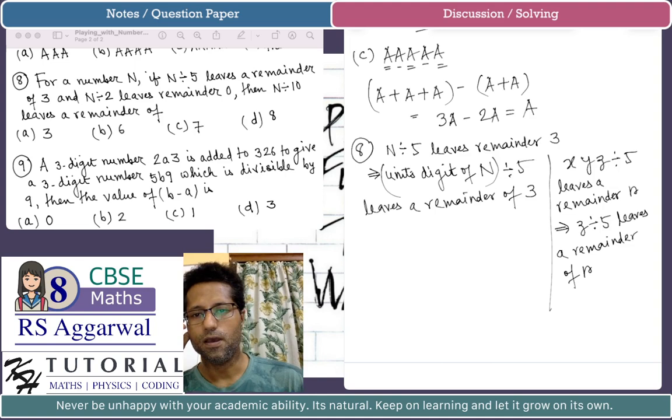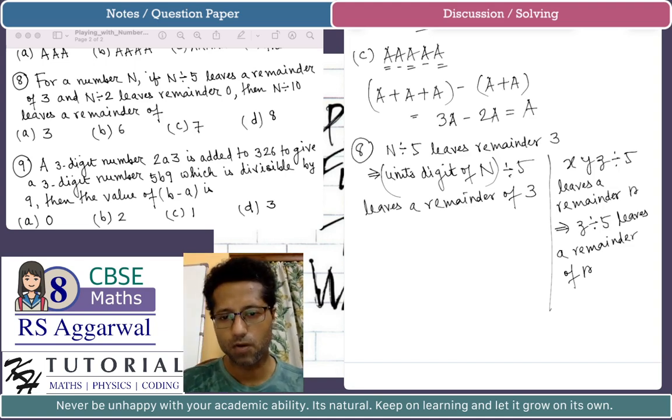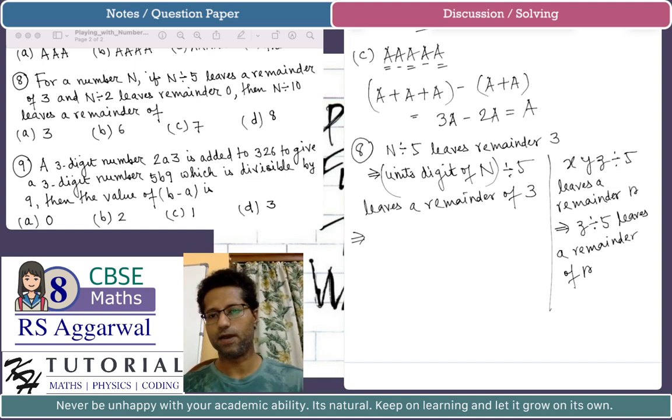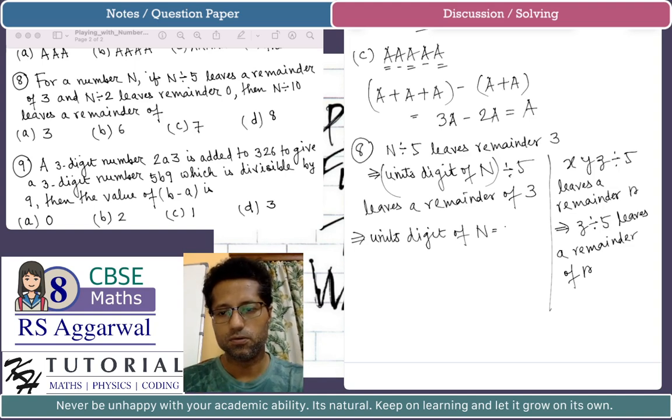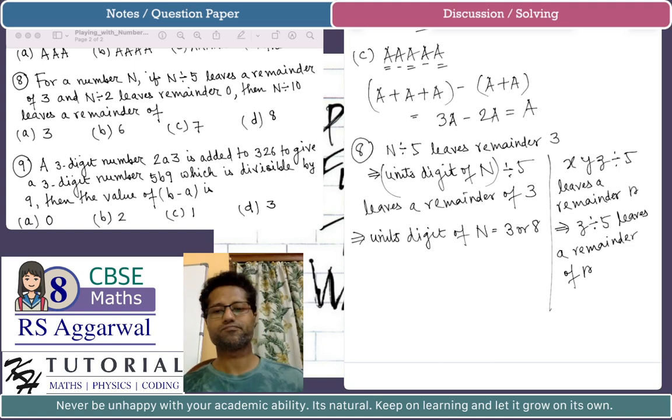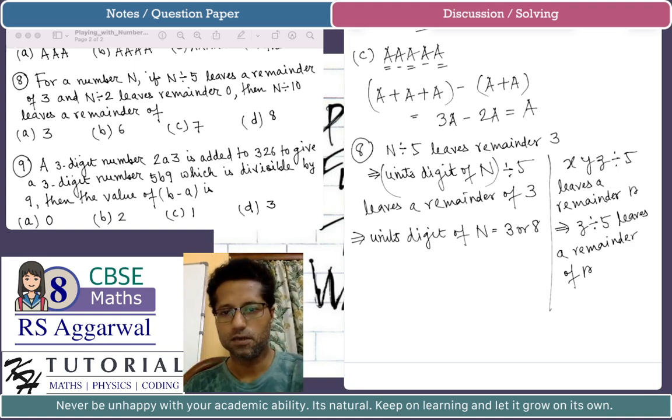The remainder 3 will depend entirely on the units digit of the number n, and that units digit when divided by 5 has to leave a remainder of 3. Now any digit when divided by 5 leaves the remainder 3 implies that that digit has to be 3 or 8. So we can say that the units digit of n is equal to 3 or 8. So this is one fact that we have found from the given fact that n divided by 5 leaves the remainder of 3.